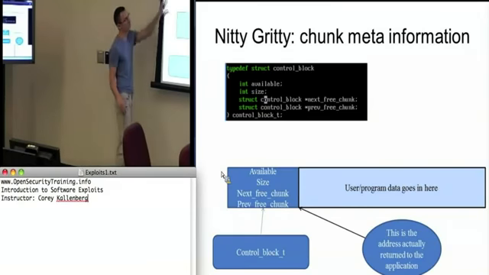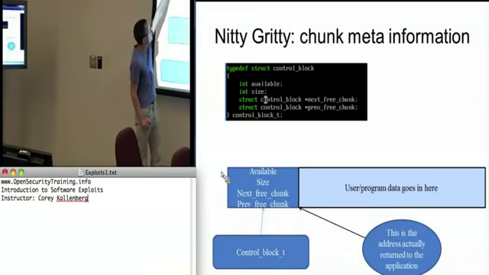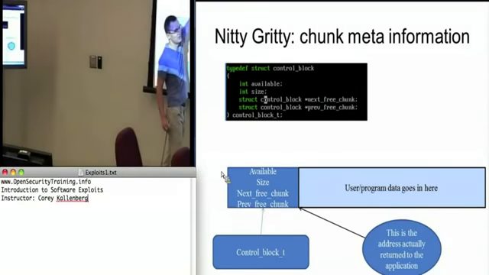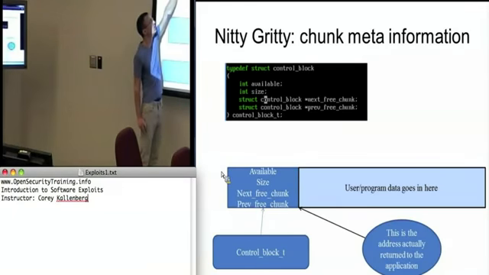Another thing you want to think about is when you're corrupting your control block meta information, what do I want all of these values to be set to? You're not just corrupting the next and the previous pointers. You're also corrupting the available and the size fields.